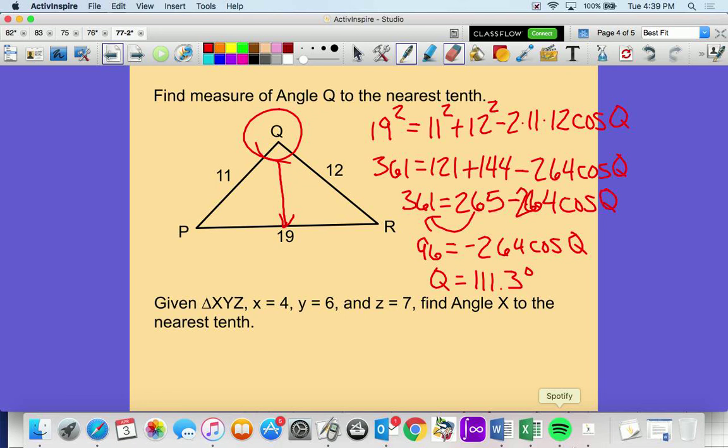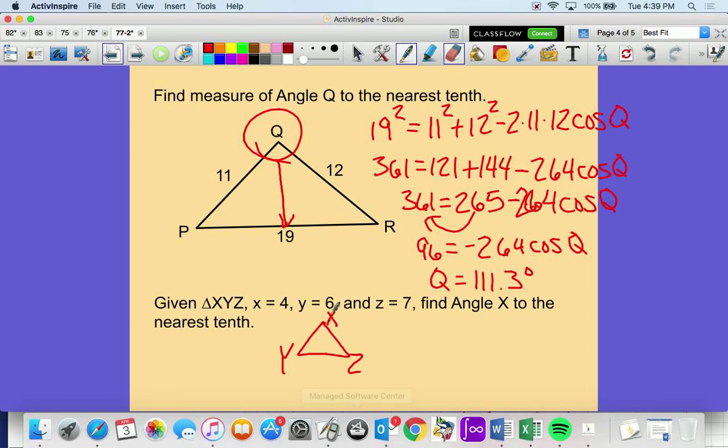For this one down below, given triangle XYZ, x equals 4, y equals 6, z equals 7, find angle X to the nearest tenth. So we need to draw a triangle, it doesn't matter what it looks like. So we've got X, Y, and Z there. From there, we need to label up our sides.